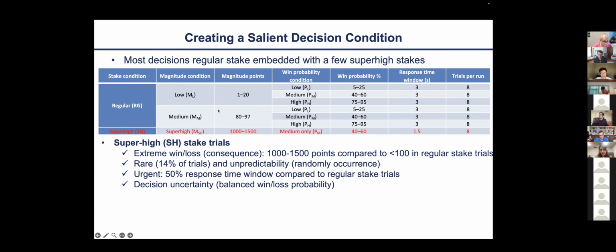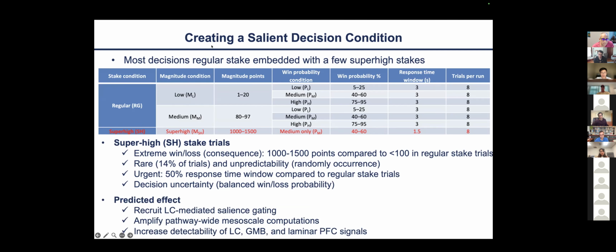Those super high stake trials are also under uncertainty. There will be a balanced win or loss, so they cannot be sure of being consistently lucky or unlucky. Combining all those features, we designed this super high stake choice to create silent decision conditions.